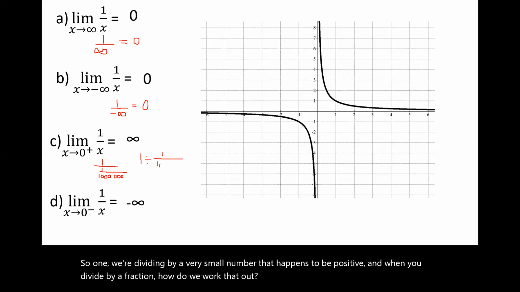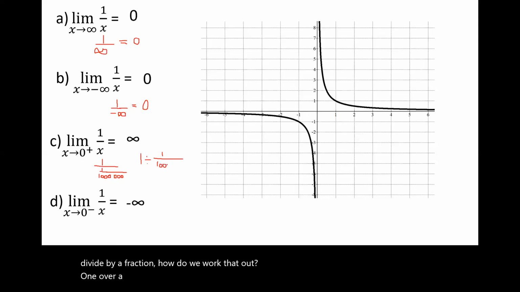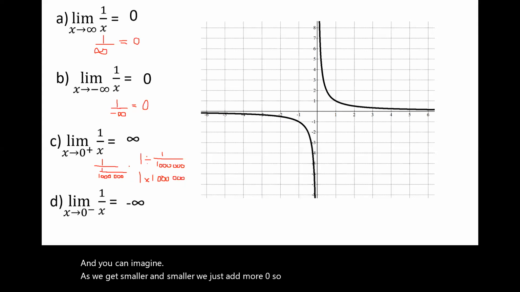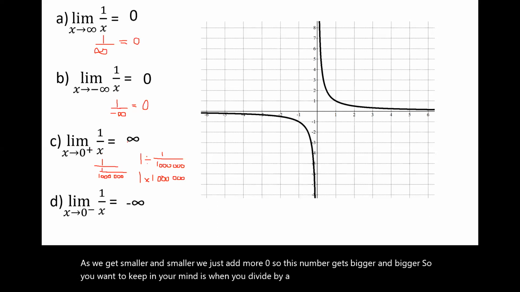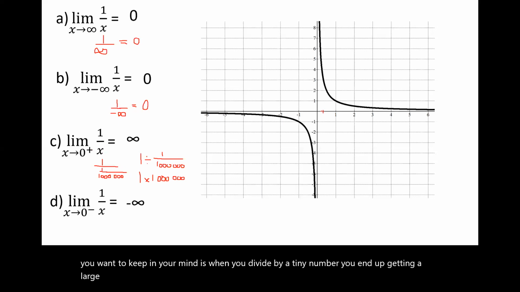We end up multiplying by the reciprocal. Oh, and that makes a very big number, doesn't it? As we get smaller and smaller, we just add more zeros, so this number gets bigger and bigger. So what you want to keep in your mind is, when you divide by a tiny number, you end up getting a large one.